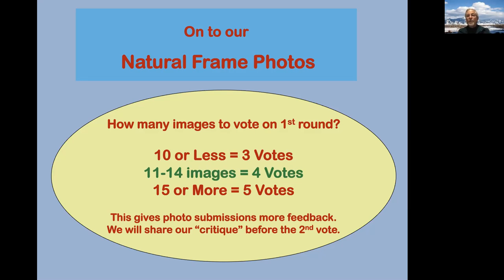You get to vote for 4 the first round. And then when Lauren gets this all organized and says, okay, we're going to pick out 4 photos, and oftentimes we get ties. However many votes, whether it's 3 or 4 or 5 pictures, then we'll have a second vote where you get only 1 vote. Okay, does everybody understand that?